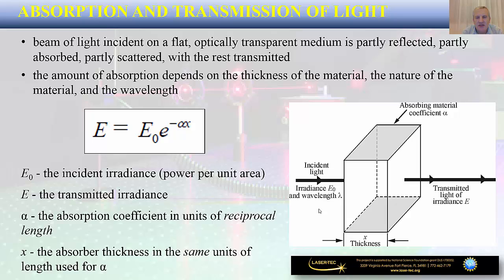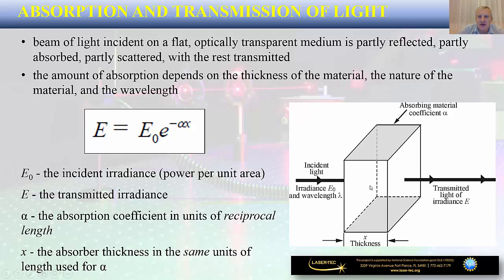So we define irradiance as power over a specific area. This incident light that you're seeing here coming from the left side and entering the optical window is going to have a specific irradiance E sub 0, and it is also specified by the wavelength lambda.